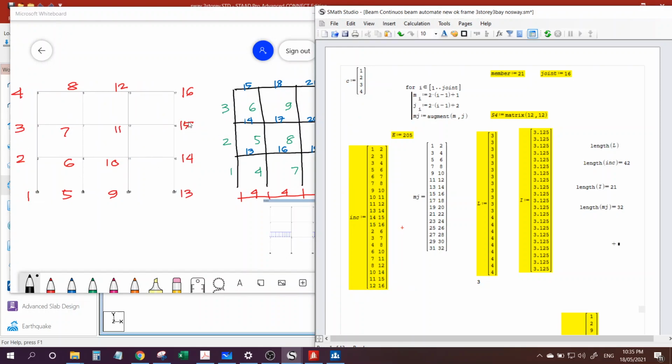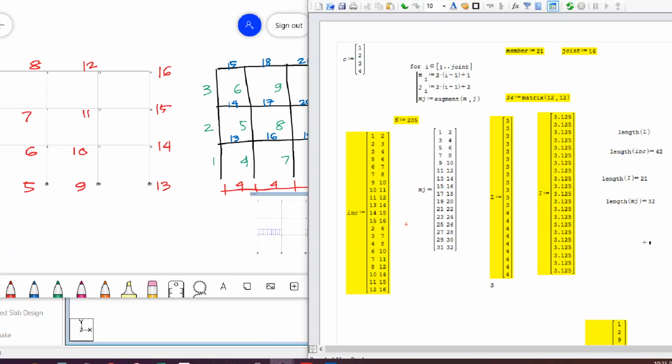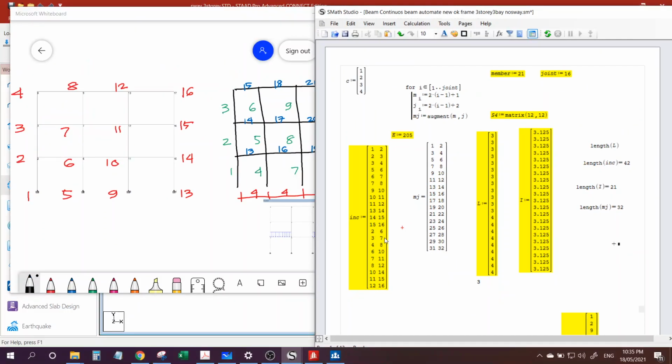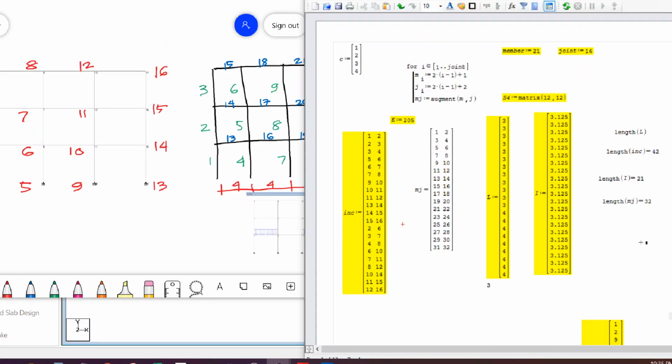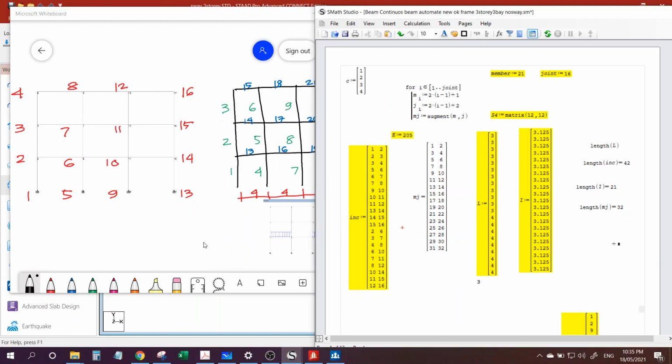For the girders, I'll be connecting node 2 and 6, 3 and 7, and as you notice, the length of the member here is already 4.